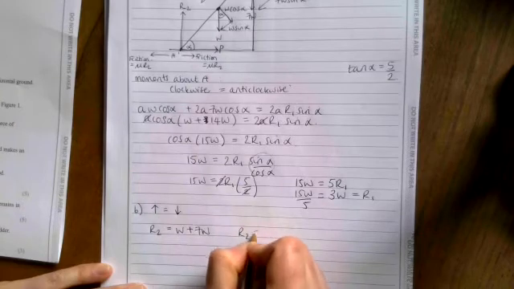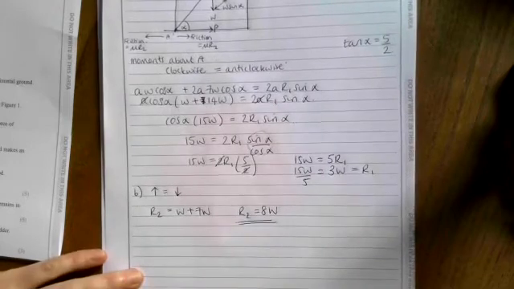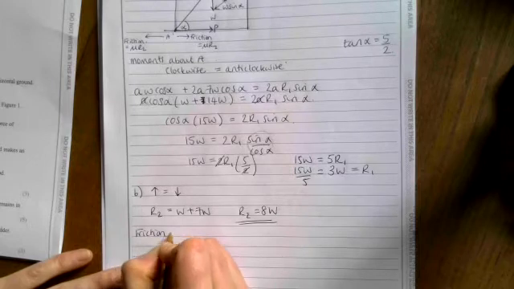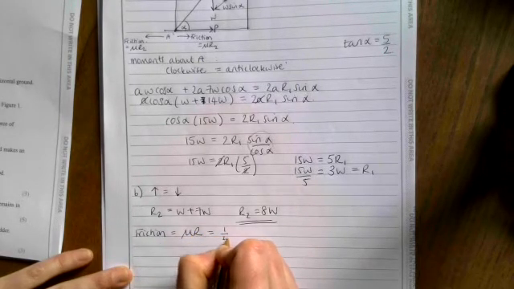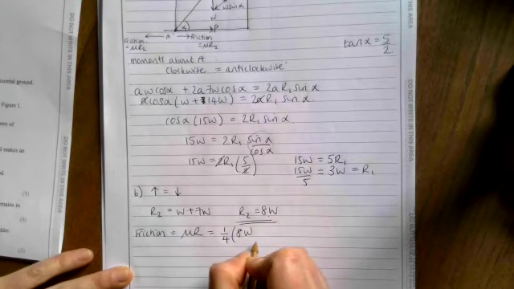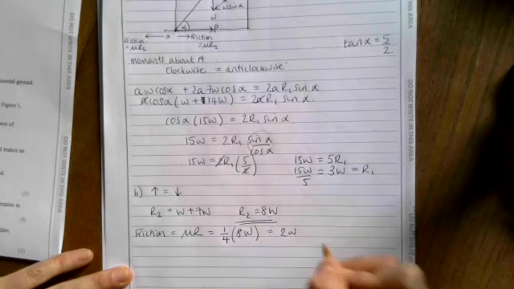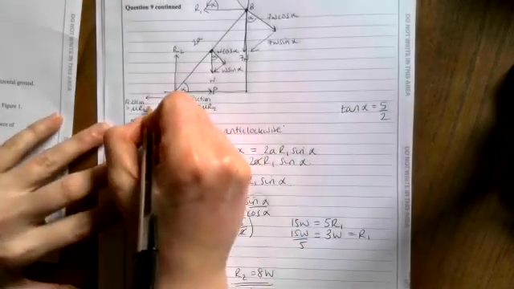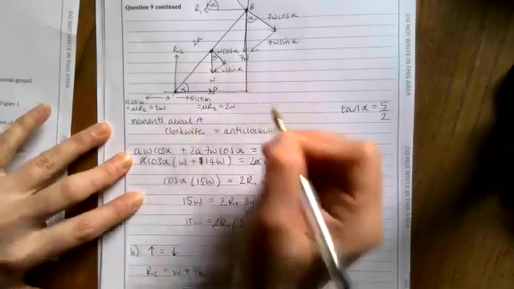So R2 is equal to 8W. That's going to be very useful. So friction is at its maximum, so it's equal to mu R. So mu in the question was 1/4, and R is 8W. So friction is 2W. So going back up to my diagram, it's either going to be 2W in that direction or it's going to be 2W in that direction.